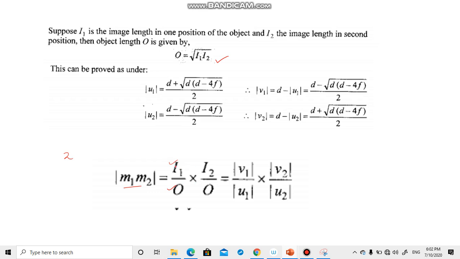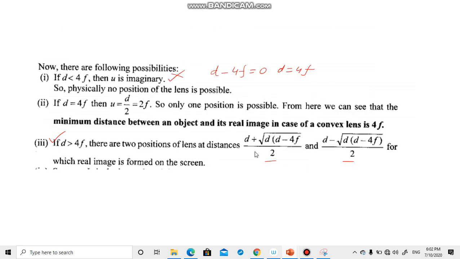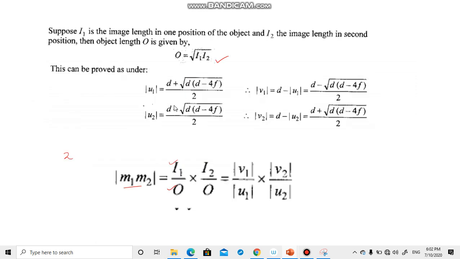But what is I1? If you take those two roots we just discussed for the third case, this is alpha and this is beta, right? So this becomes the U. The corresponding image distance is d minus u. So d minus u1 gives this value for the first one, and this is the second one.